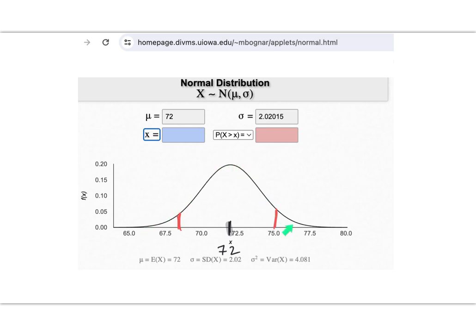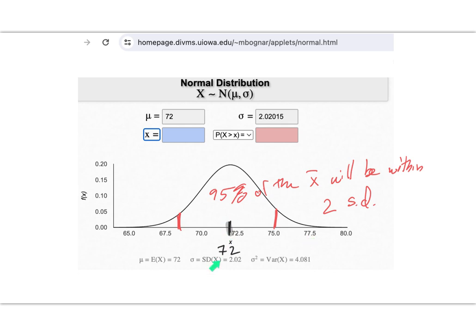Since the sampling distribution is normal, if I were to repeat this process many times, I would assume that about 95% of the X bars will be within 2 standard deviations. That's the empirical rule, because again, it's normally distributed.